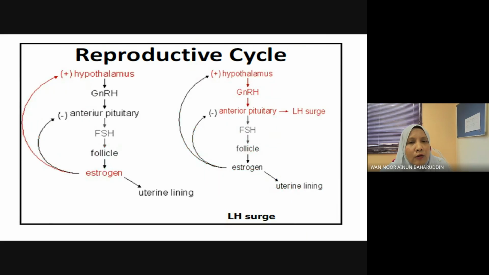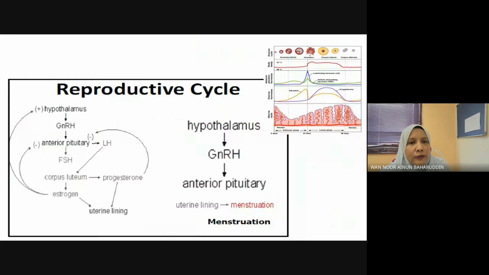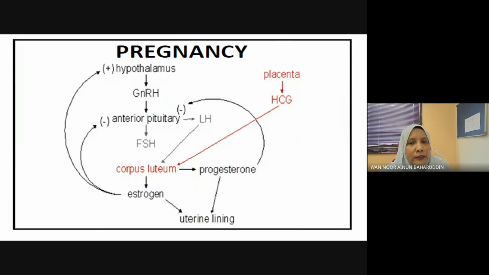Okay, so these are all of the reproductive cycle. You can see we have already discussed during the pregnancy, corpus luteum, rather than having progesterone, also the placenta itself releases HCG, human chorionic gonadotropin hormone.